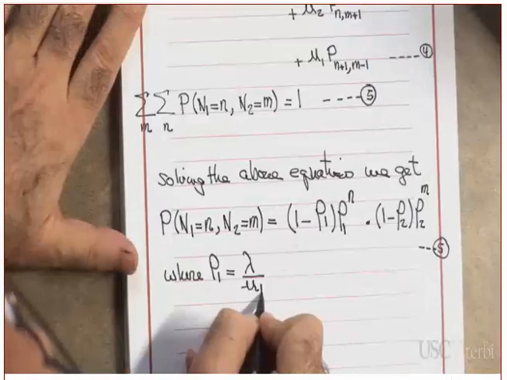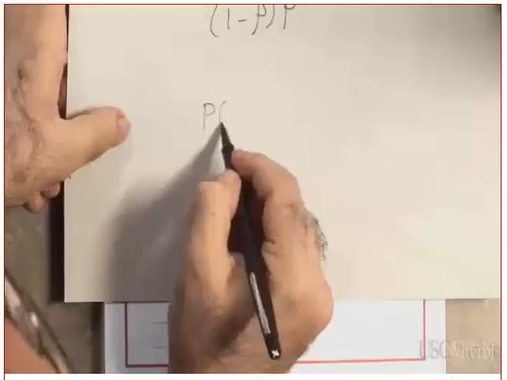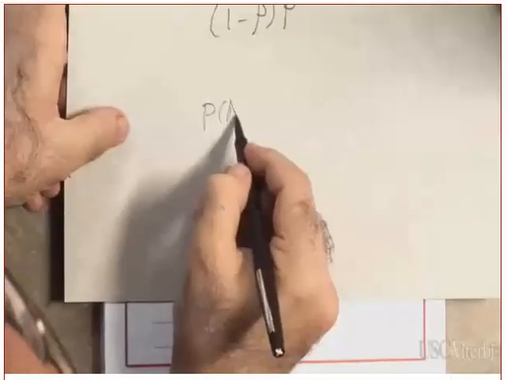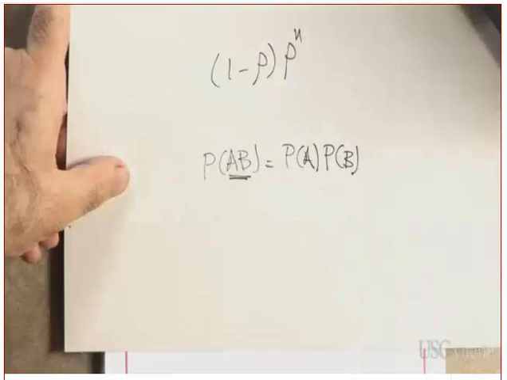The inter-departure times are exponential with what parameter? With parameter lambda. You lost me. I can't tell.